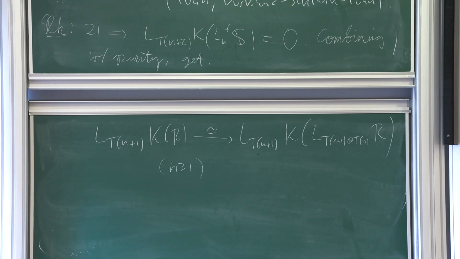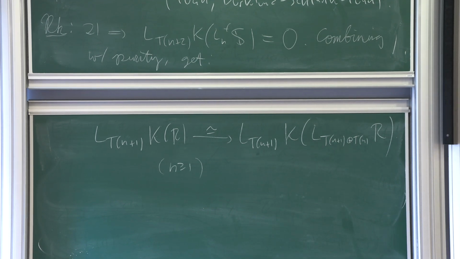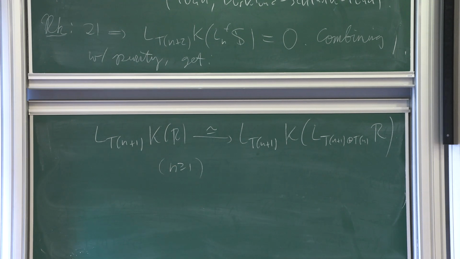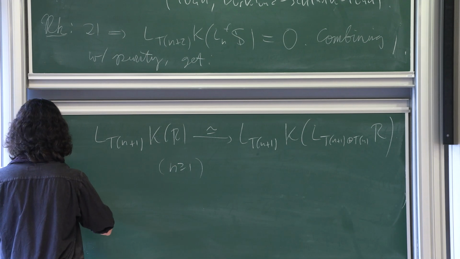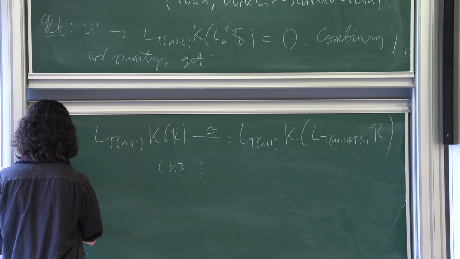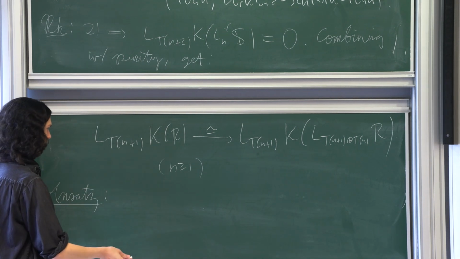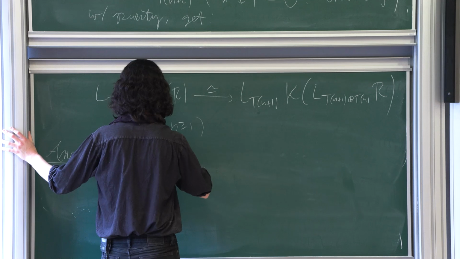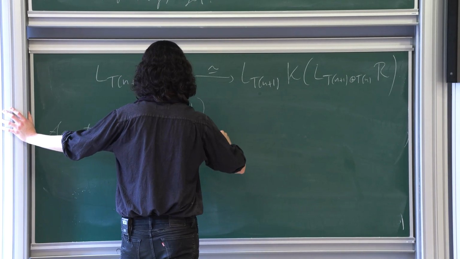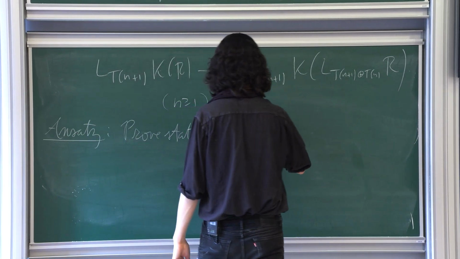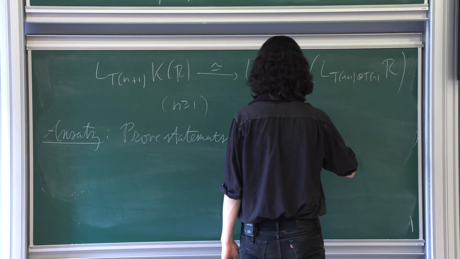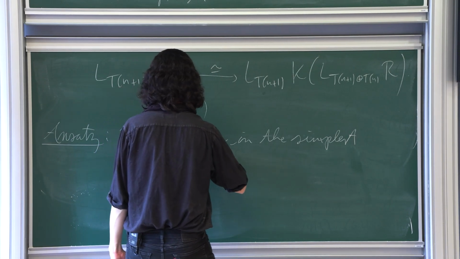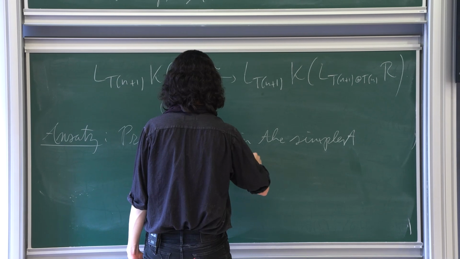Okay. Let me say what the ansatz is going to be. I want to give some proofs. I realize I'm running out of time, but the ansatz for this class will be that we prove statements in the simplest case, which exhibits the relevant features.